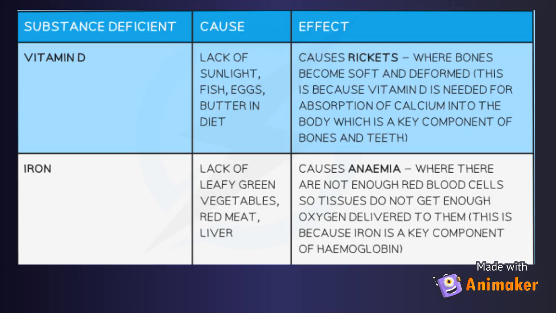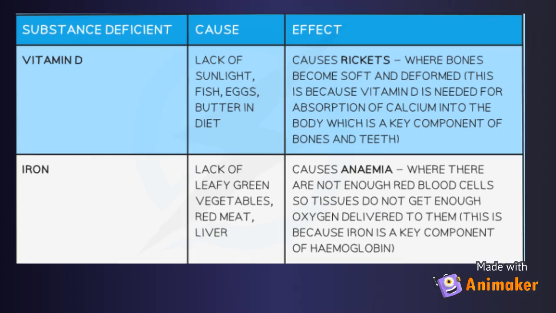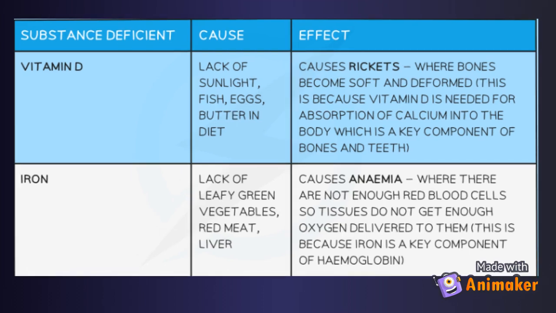So in rickets, bones will become soft and very deformed, and this will be because vitamin D is needed for the absorption of calcium into the body, and this is a very important component for your bones and teeth.